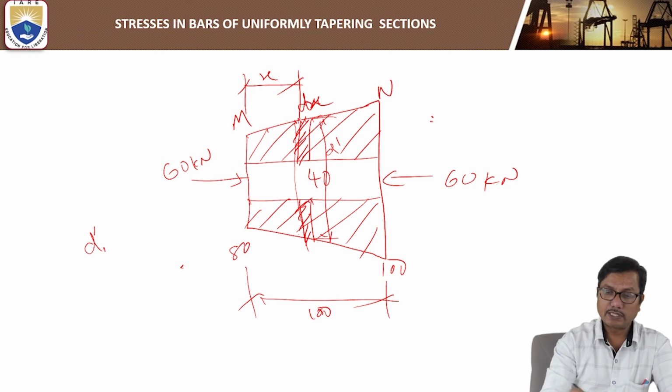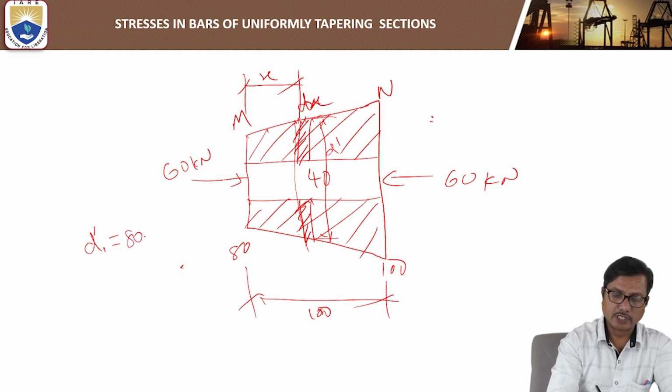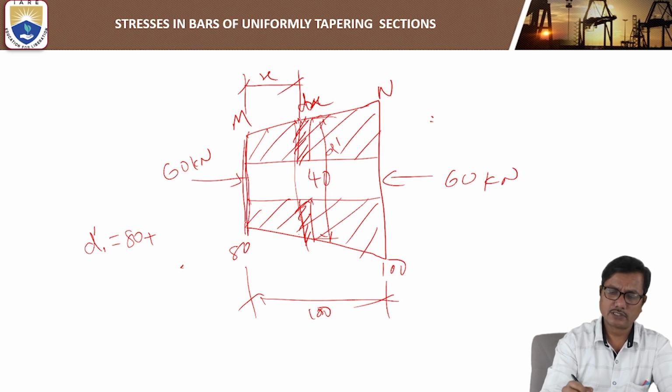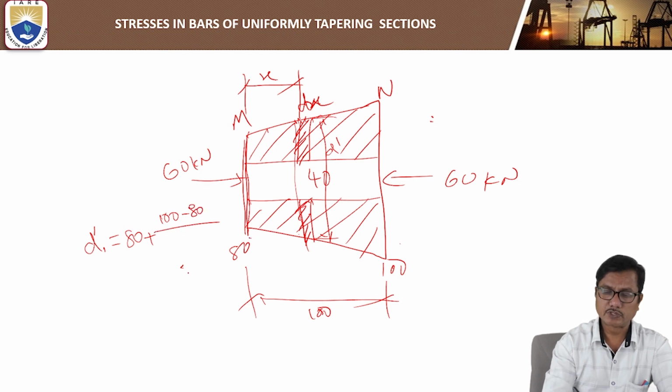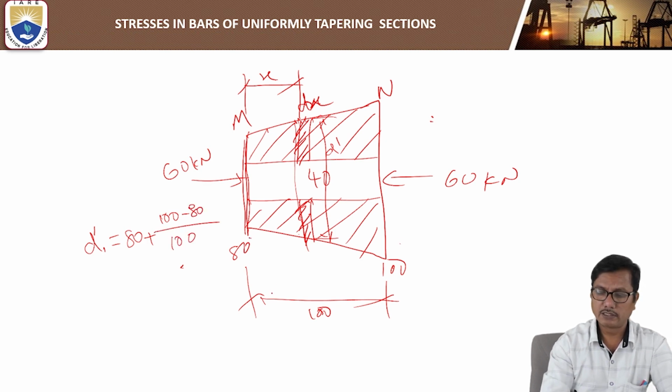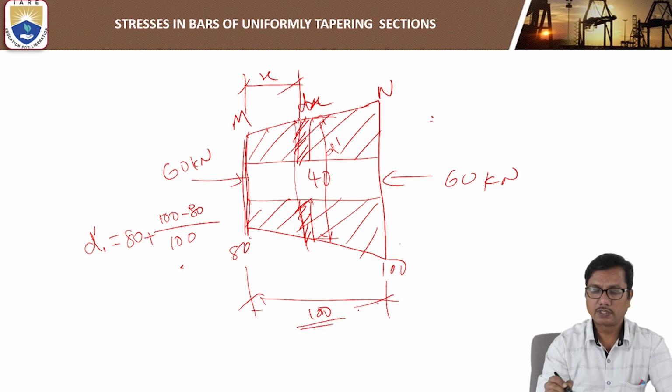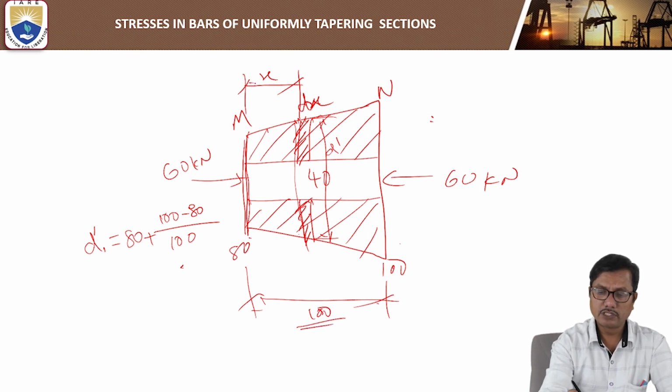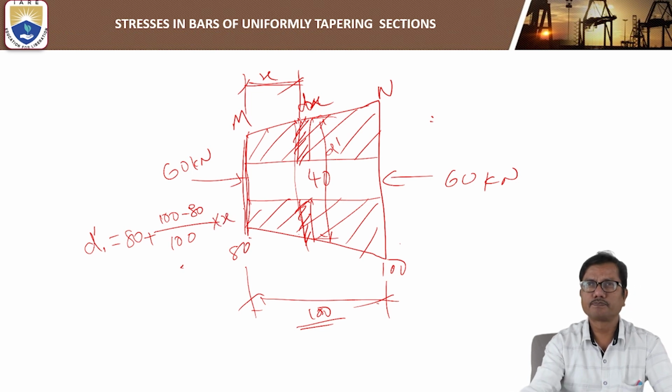That is 80, which means the diameter at M, plus the change in diameter, 100 minus 80, in a length of 100, and what will be the change in a length of x, multiplied by x.